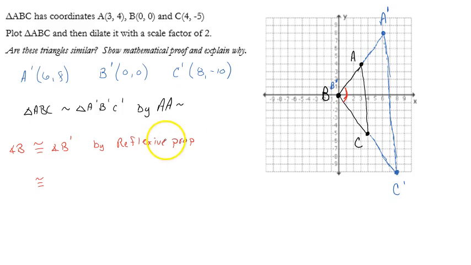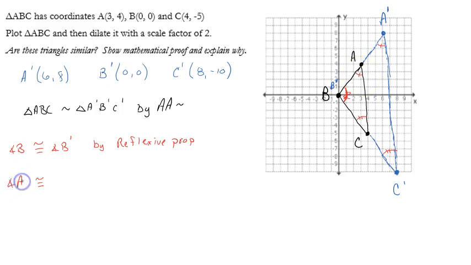That one is the more straightforward answer. The other one is a little bit trickier. What we're going to have to show is that either angle A prime is congruent to angle BAC, or that angle C prime is congruent to angle BCA. It's true, and so we can state that.